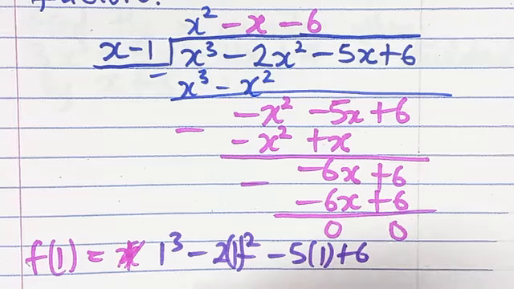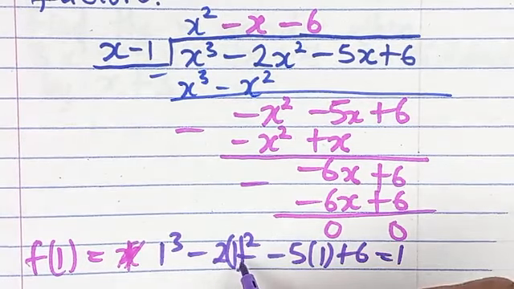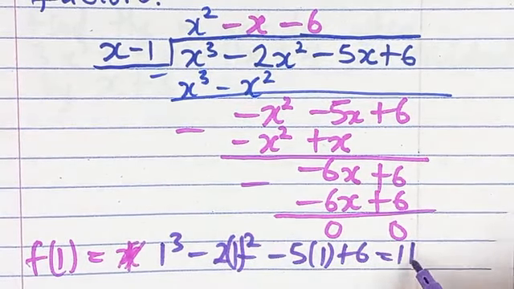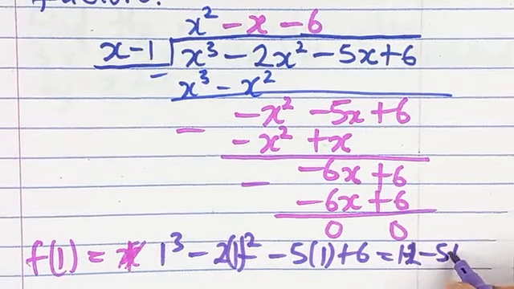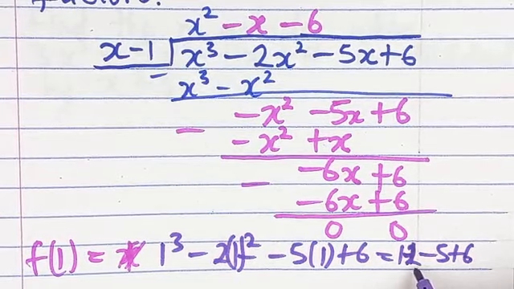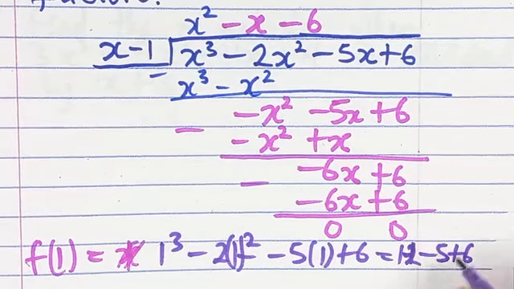What we will have is 1 raised to power 3 is equal to 1. 2 into 1 squared, that is minus 2. And then minus 5 plus 6. 1 minus 2 is minus 1. Minus 1 minus 5 is minus 6. And then minus 6 plus 6 is equal to 0.